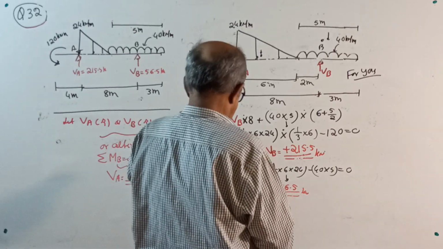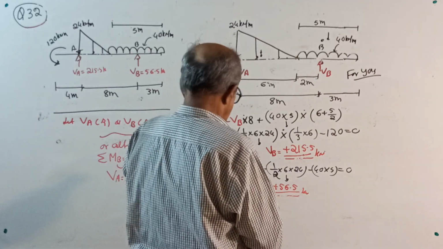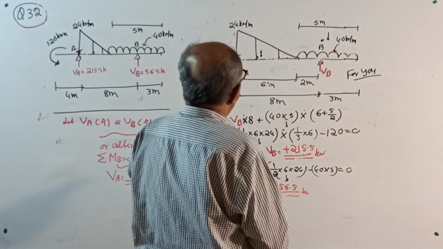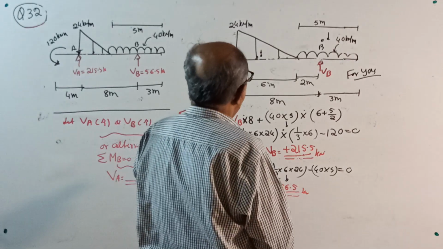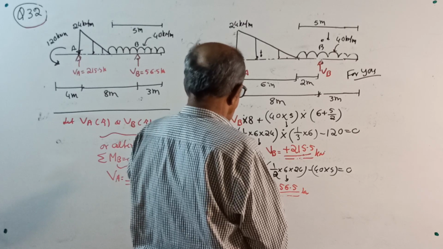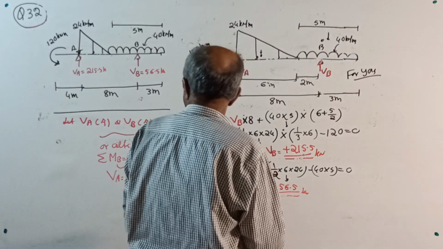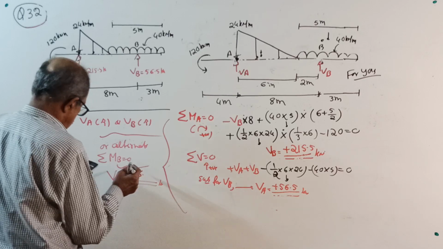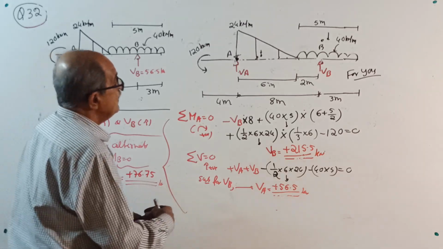Minus 120 minus half into 6 into 24 into bracket 2 plus 2 by 3 of 6, minus 40 into 2 into 1, plus 40 into 3 into 1.5, divided by how much is it? 8. 76.75 I am getting. I am getting VA as 76.75 kilonewton. That means this is wrong, I think.